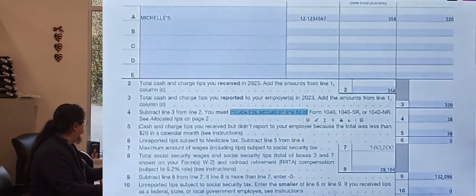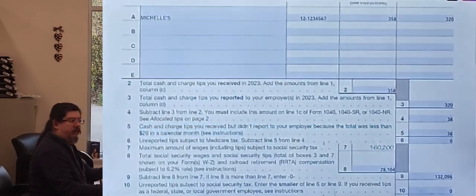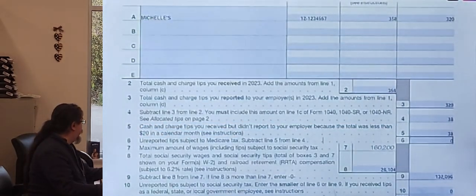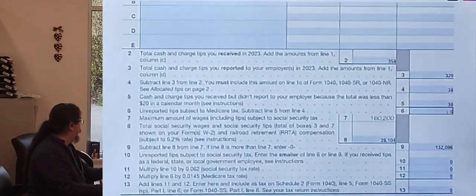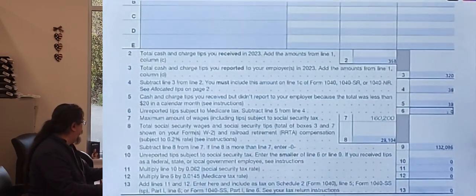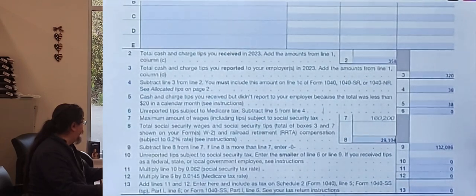But here on line 5, we have tips you received but didn't report because they were less than $20. So he's not required to pay any Social Security or Medicare tax on that small amount of tips. So 38 goes here again, and we end up with 0 tips subject to Medicare tax. And then if we add his stuff up again, we get $28,104 here.